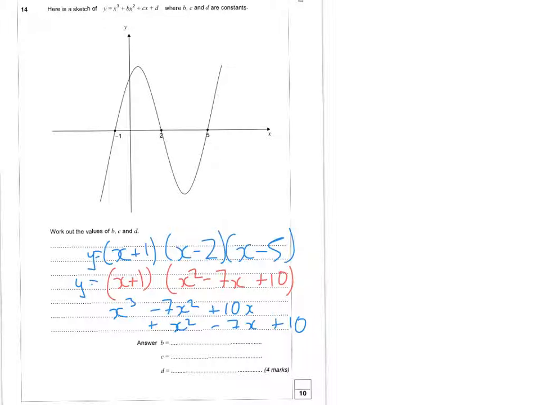So b must be minus 6, c must be 3, and d must be 10. Okay.